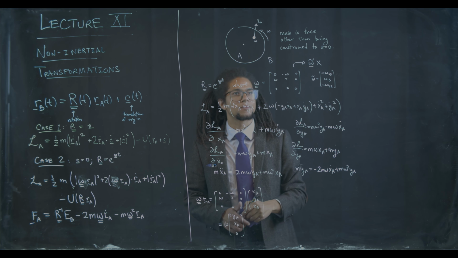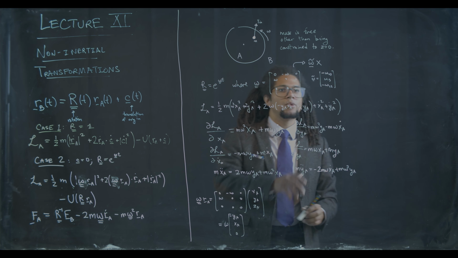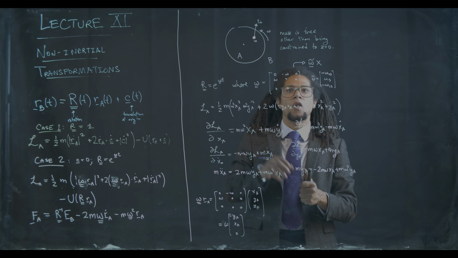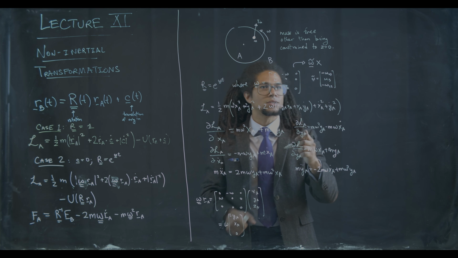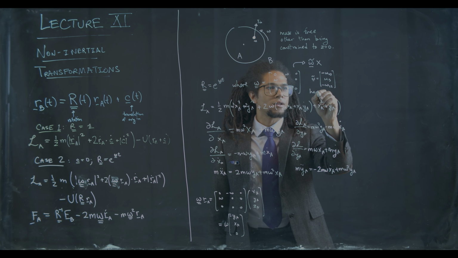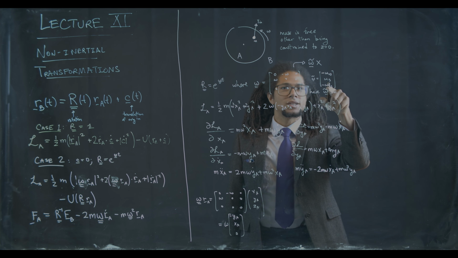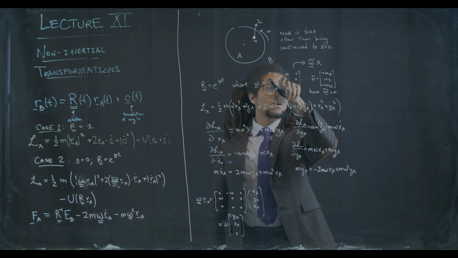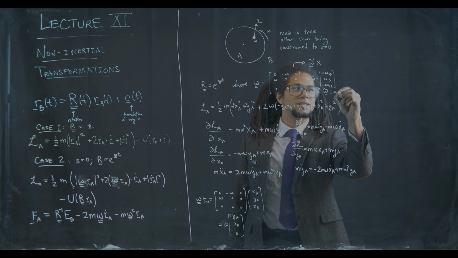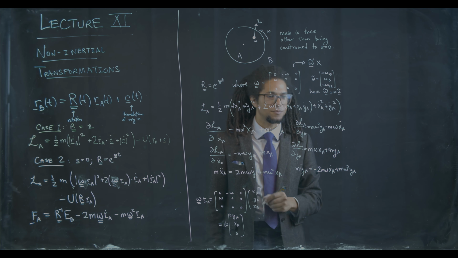Great. Okay, so in this case, omega tilde is exactly omega times the minus 1,2 entry, which is itself minus omega. So this is omega times the z hat vector.